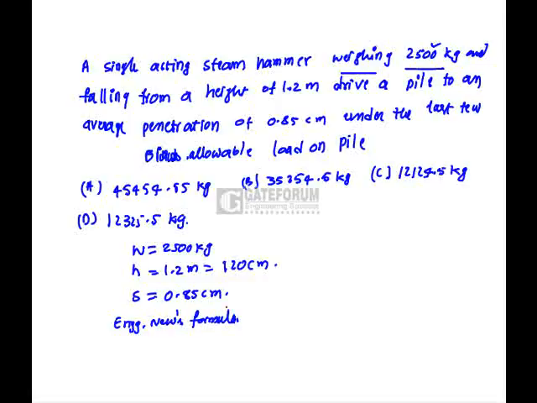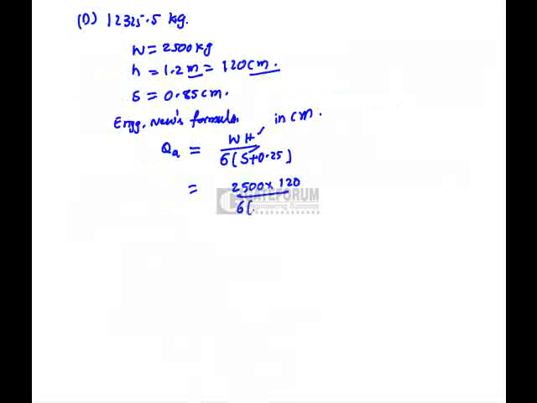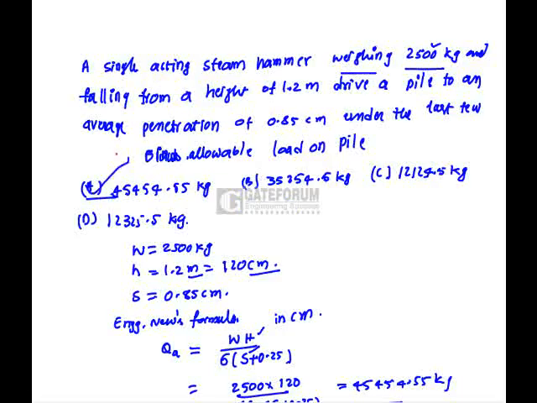The load carrying capacity of the pile Qa is equal to WH divided by 6 into (S plus 0.25). Here S and H are in centimeters, so that's why we converted this meter into centimeters. W is 2500 kg as it is an empirical formula. H is 120 divided by 6 into (0.85 plus 0.25). That is equal to 45454.55 kg. So option A is correct.